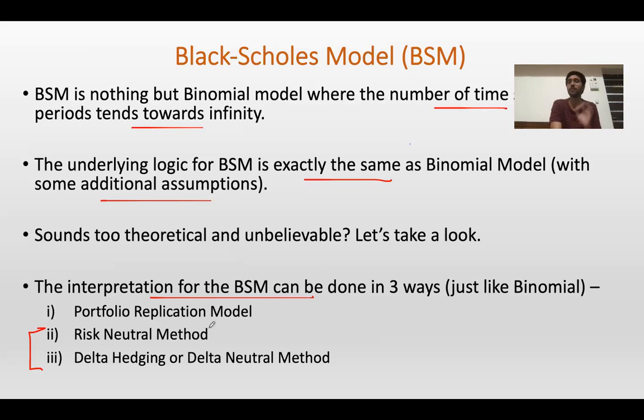I will make a separate video for risk neutral and delta hedging. But portfolio replication, I can assure that every person will understand. So the Black-Scholes model can be interpreted in three ways. One, using portfolio replication. Two, using the risk neutral method. And three, using delta hedging or the delta neutral method.